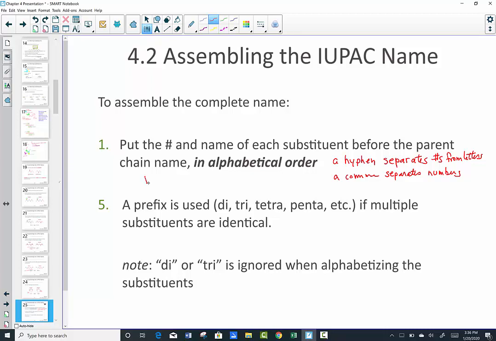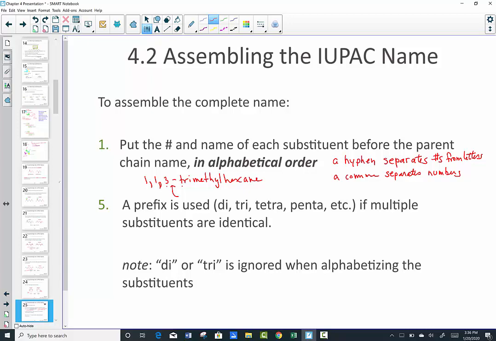So for instance, making something up, 1, 3, hyphen. That would have to be tri, right? Trimethyl hexane. I made that up, but we get an idea that commas separate numbers, hyphens separate numbers from letters.